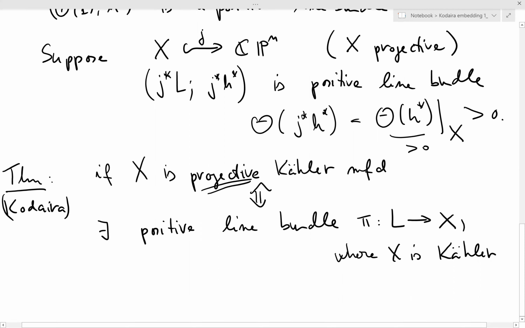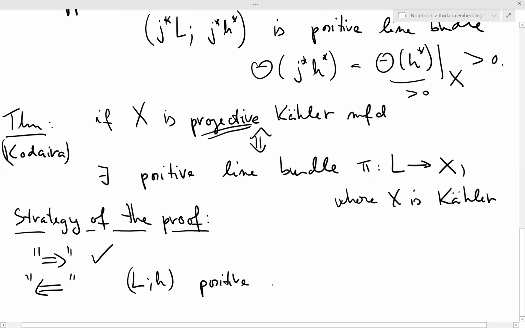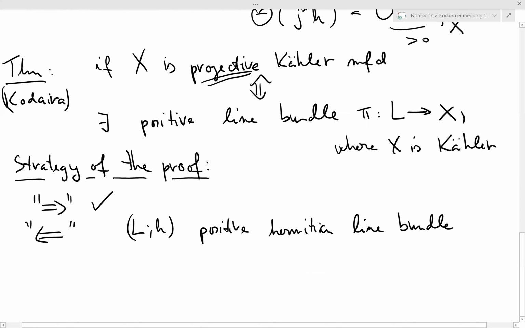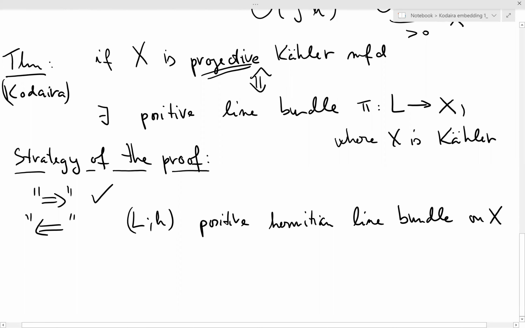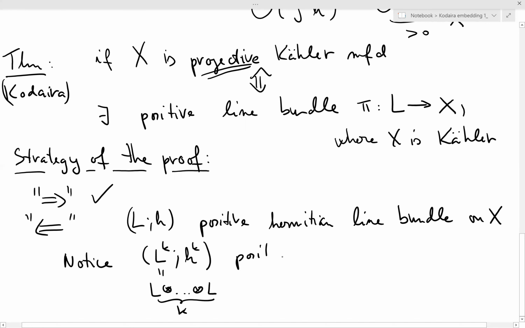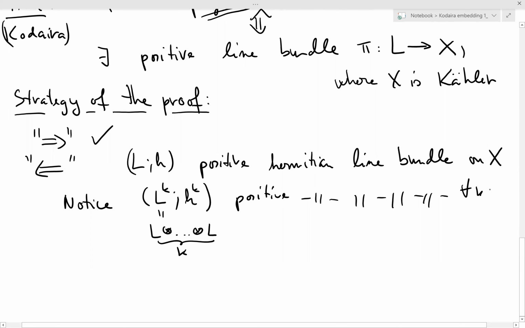So (L, h) is a positive Hermitian line bundle, because I specified a metric already on X. Now, the first thing to notice is that L^k, where by power we mean tensor power, the k-fold tensor power, with the corresponding Hermitian metric is also a positive Hermitian line bundle for all natural numbers k.